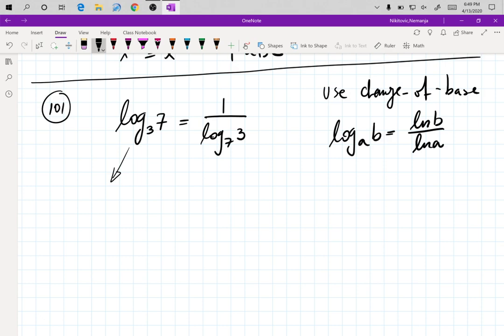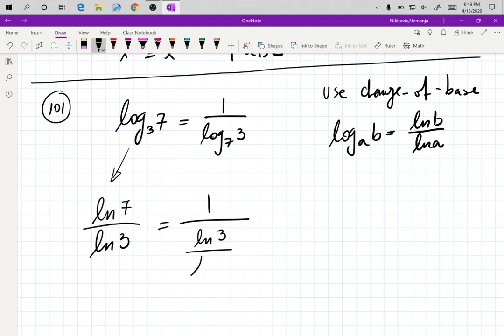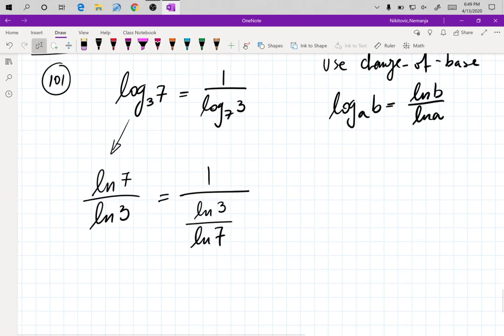We're going to write ln of 7 divided by ln of 3 is equal to 1 over, and now I have ln of 3 divided by ln of 7. When you deal with a double fraction, you get ln 7 over ln 3 equals ln 7 over ln 3.